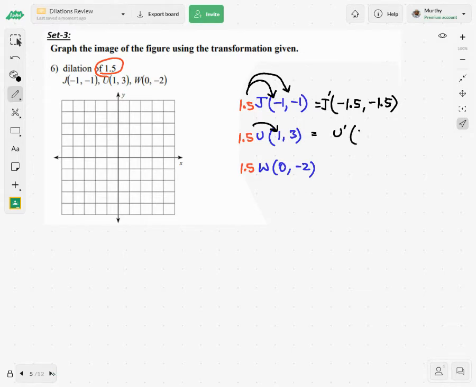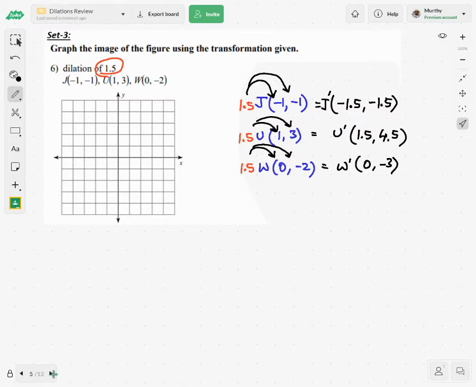U prime is 1.5. Then 1.5 times 3, you may make use of a calculator. It's 4.5. Then W prime, 1.5 times 0 is 0. 1.5 times -2, make use of a calculator. You get -3.